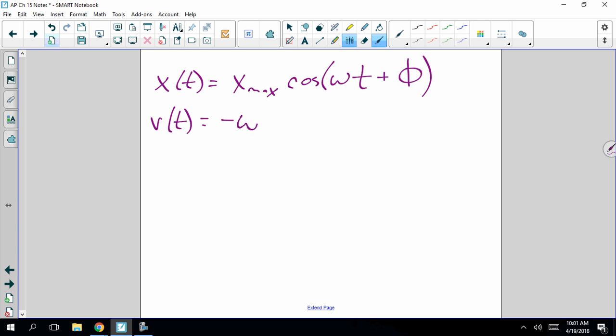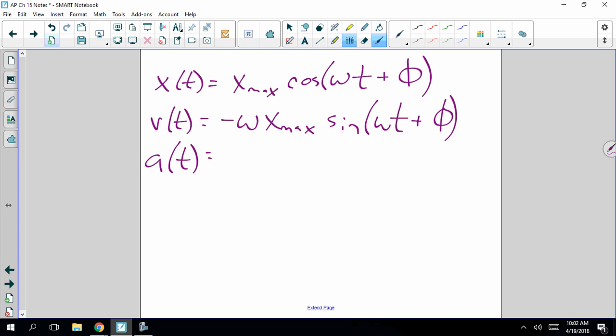It gives you negative omega times x max times the sine of omega t plus phi. Taking one more derivative gives us the acceleration. Cool. So that's a super quick review of the simple harmonic motion equations we looked at.